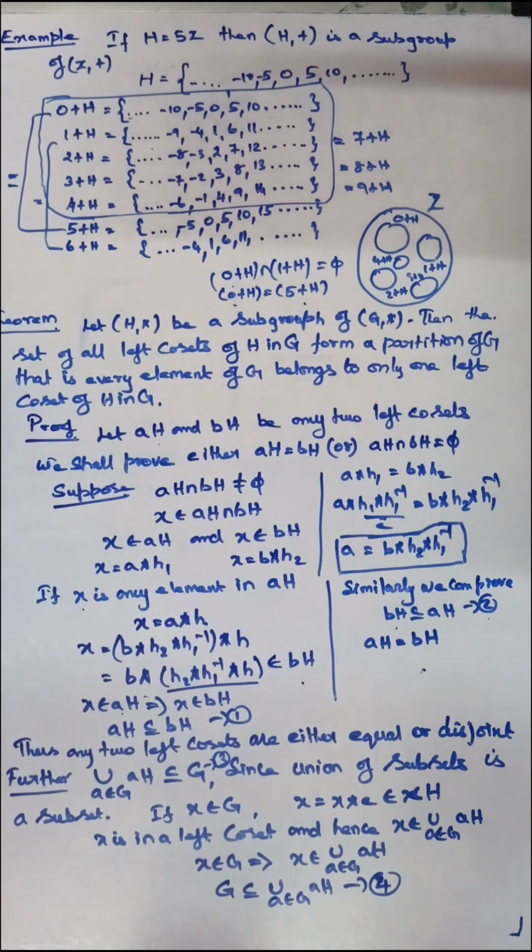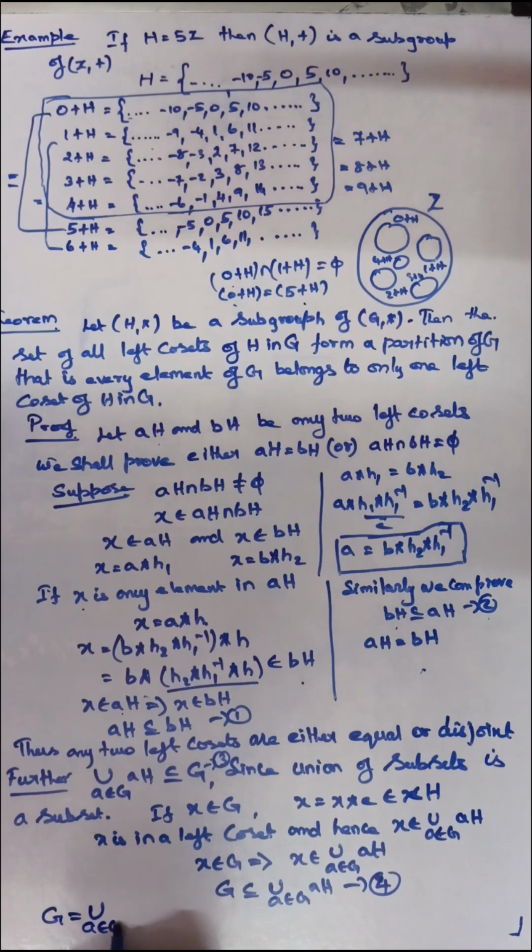From 3 and 4, this is a subset of this and this is a subset of this. This is only possible if G is equal to the union of AH, a belongs to G.